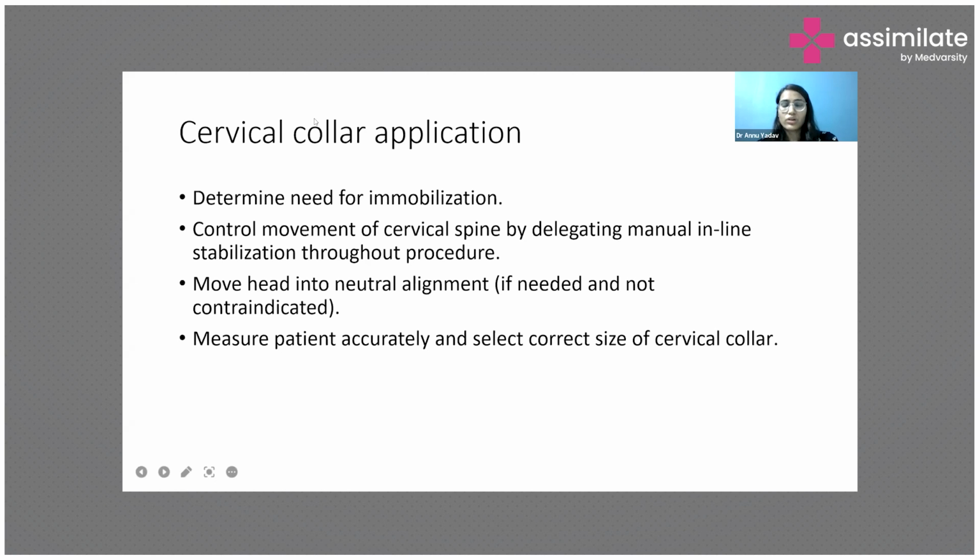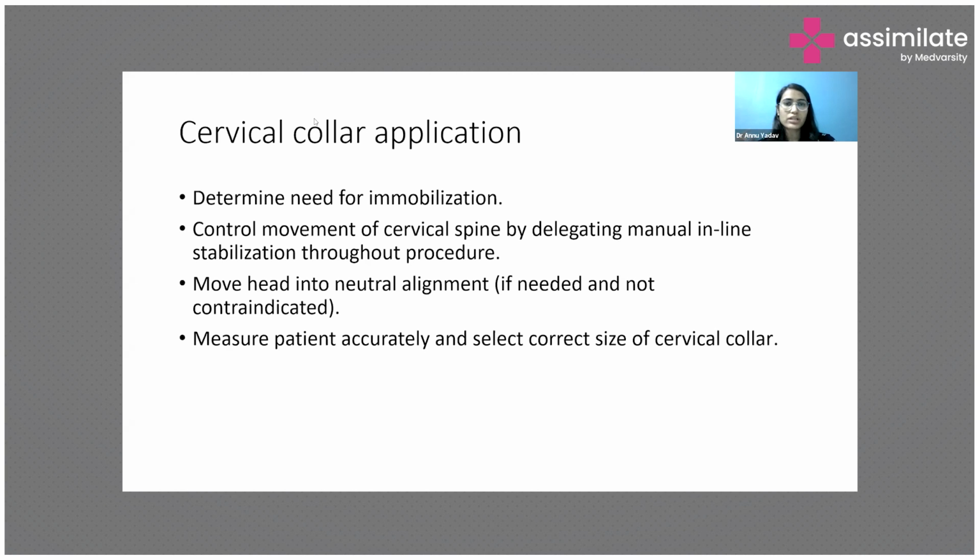Yeah. So as we have said, cervical collar application is very important in trauma patients. We have to determine the need for immobilization of the cervical spine with a collar. Control movements of the cervical spine by putting the patient in manual inline stabilization, holding from the head side.